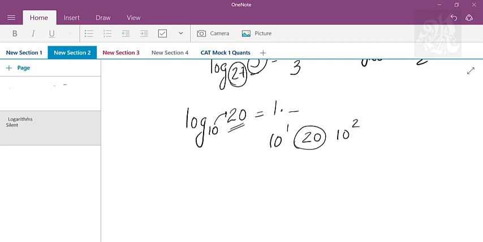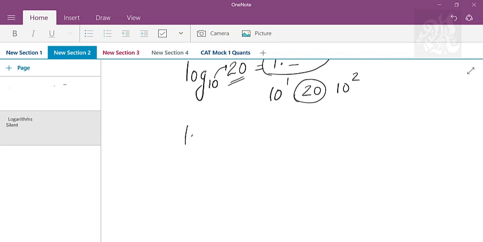The motto here is not to find this answer, but how this can be useful. For example, log of 10 to the base 64: again the answer will be 1 point something, because 64 lies between 10 and 100.